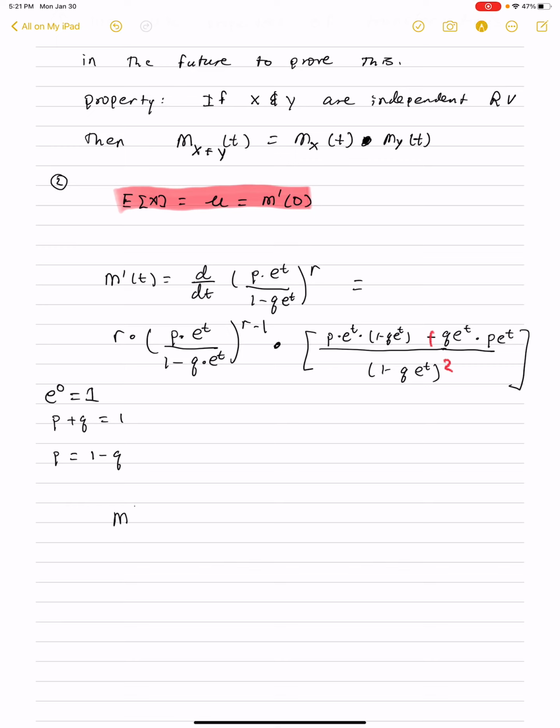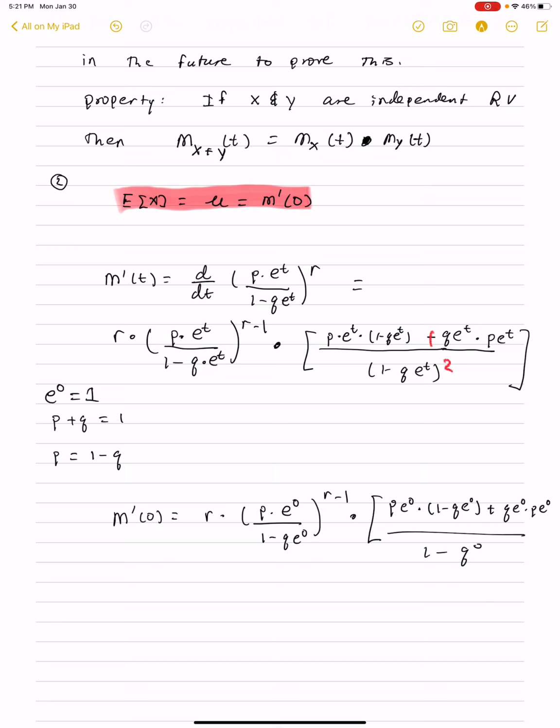When we take this derivative and evaluate it at 0, I'm going to get r times p times e to the 0 divided by 1 minus q e to the 0, raised to the r minus 1, times p e to the 0 times 1 minus q e to the 0 plus q e to the 0 times p e to the 0, divided by 1 minus q e to the 0.